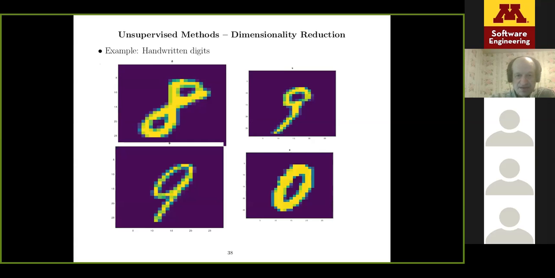So here are some examples of handwritten digits that presumably were used to train that earlier network I was showing you. This is the standard data set that comes from MNIST. If you look up MNIST on Google, you'll find this set of data.